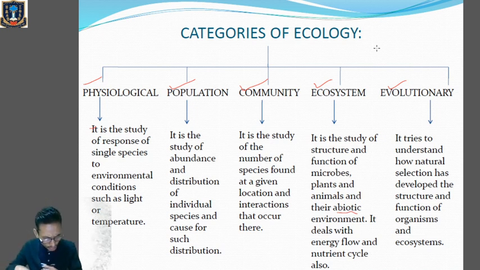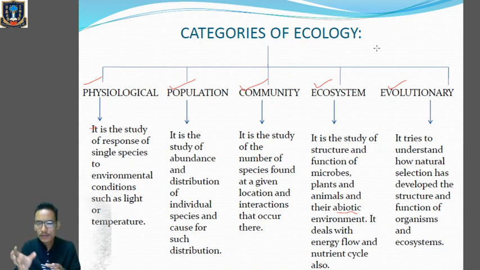And how are they interacting with each other? And what are the products they are going to produce? We are going to learn this in ecosystem ecology. Not only that, we're also going to learn about the flow of energy in an ecosystem, because you know that the ultimate source of energy in an ecosystem is the sun.